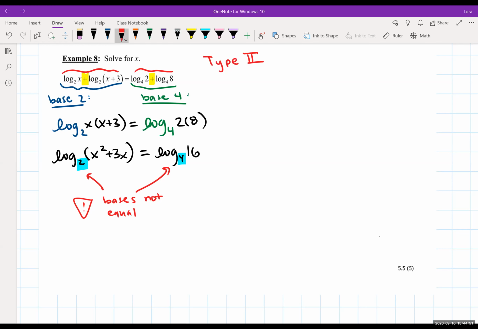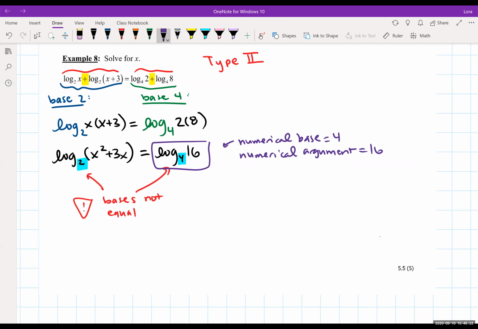So before I give up, I want to take one last shot at this. After doing millions of these, what stands out to me is that this logarithm has a numerical base, which is 4, and a numerical argument, which is 16.